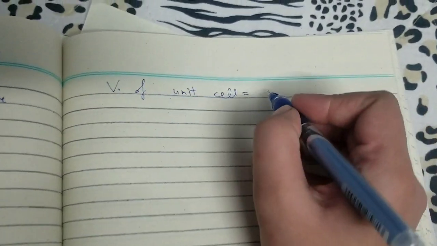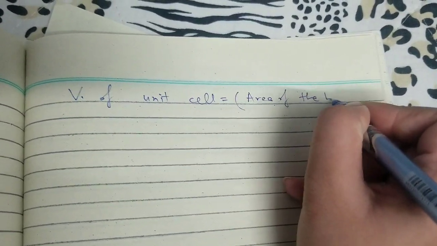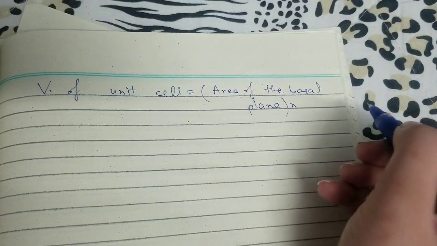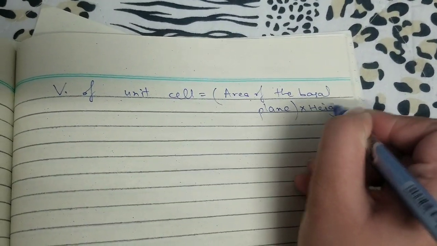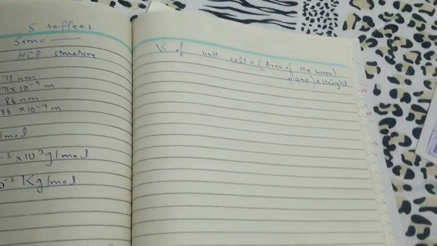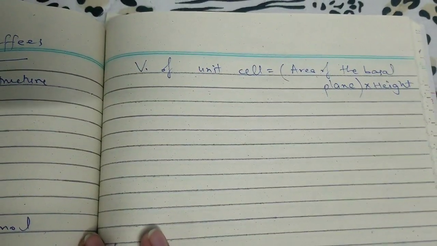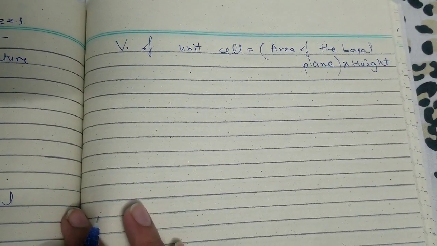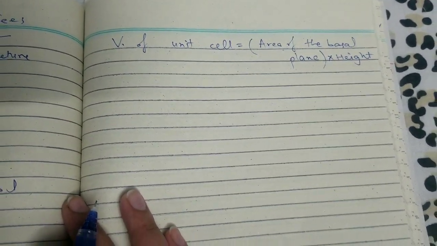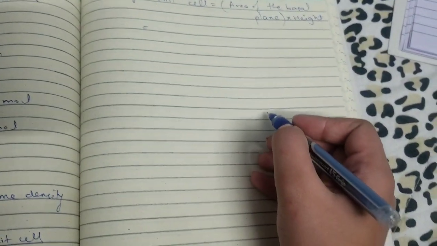The volume of HCP is the area of the basal plane into the height, which is C. This is the general formula, and I don't think you need to know the details of how that formula is obtained, which is why I'm not mentioning it here.